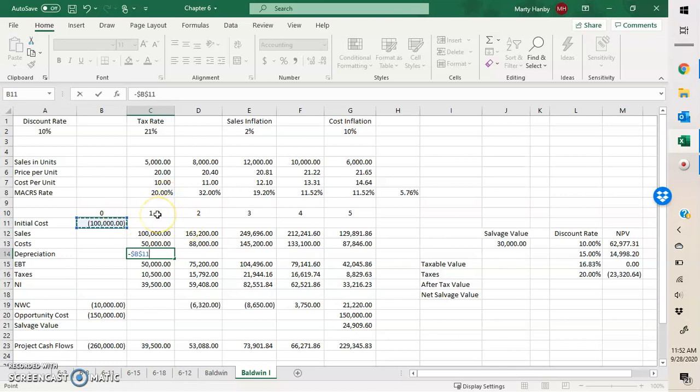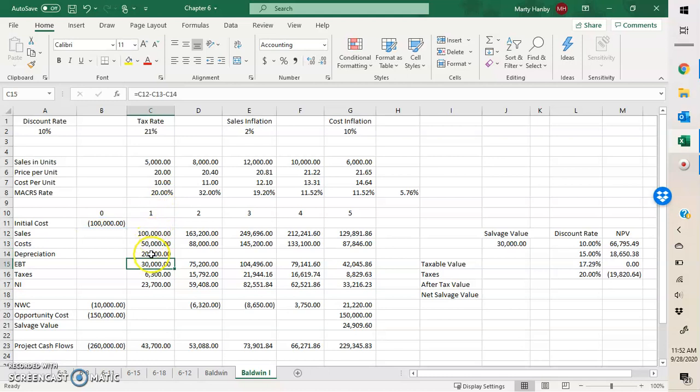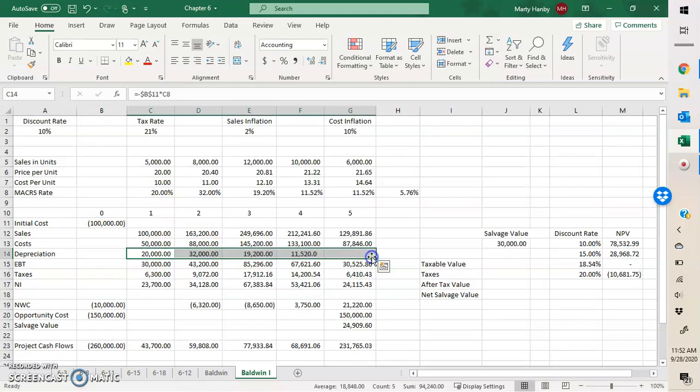And we're going to multiply it by the MACRS rate. So that's my first year depreciation, 20%, $20,000. Now I drag that across, and I've created my project cash flows. The only thing I haven't done the calculation for is the salvage value.